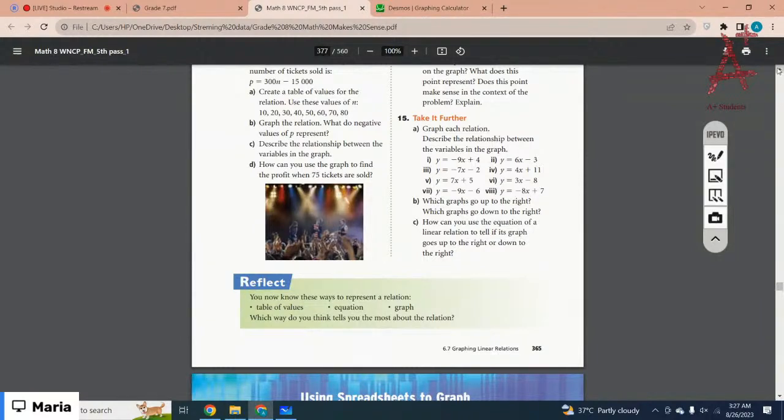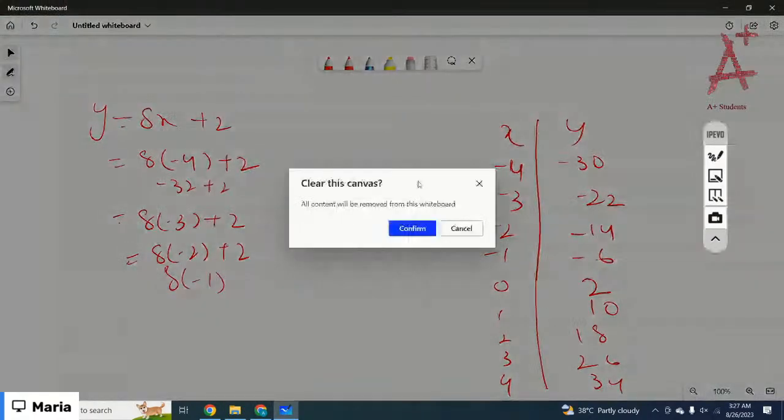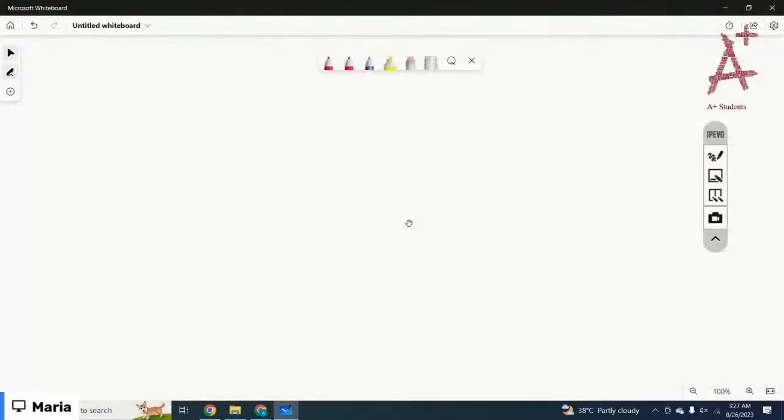Y equals negative 9x plus 4. Let's just make a table of values.